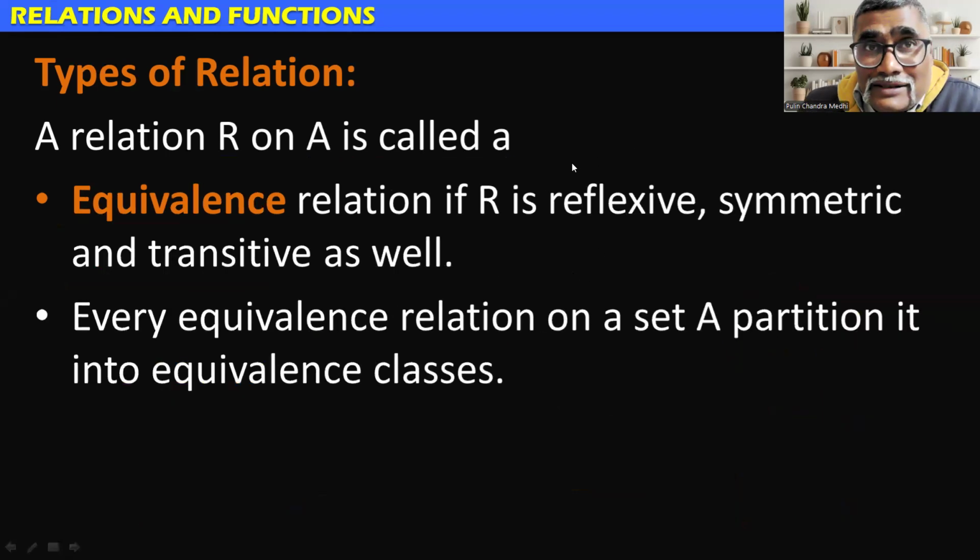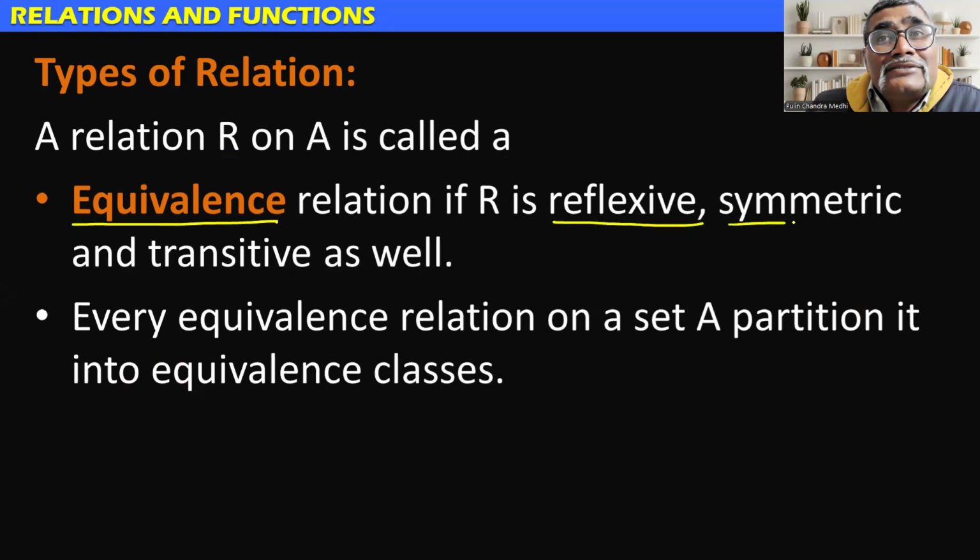Under the types of relations, we also get a special kind of relation. And what is that? It is equivalence relation. Equivalence relation is a relation which is satisfying all these three types of relations' conditions.